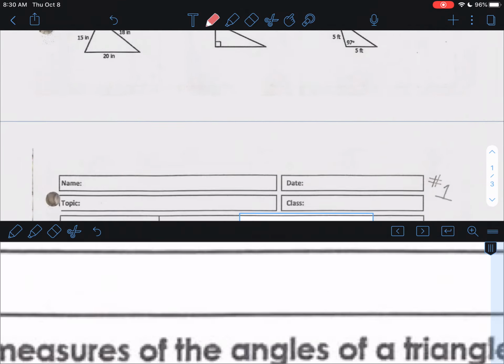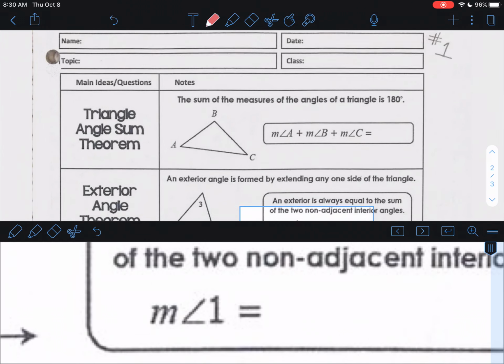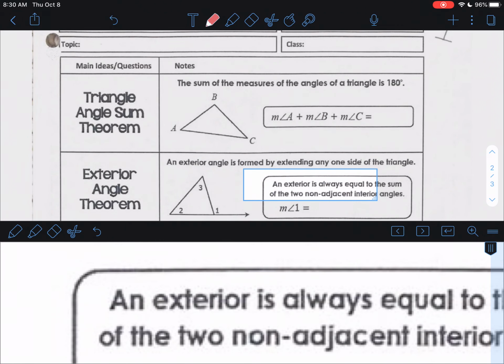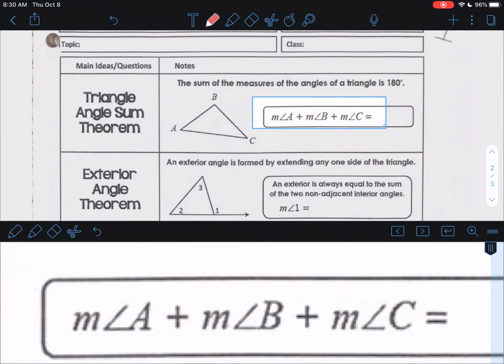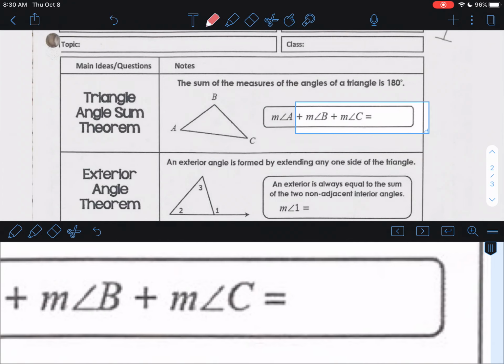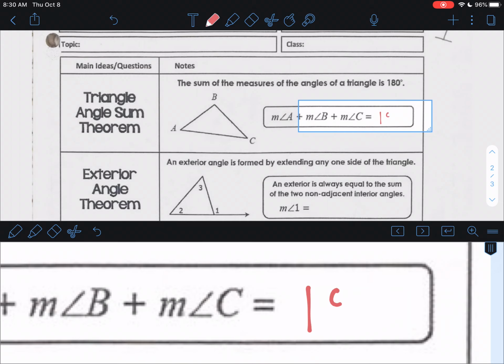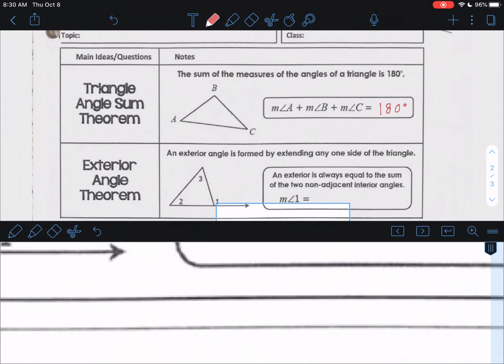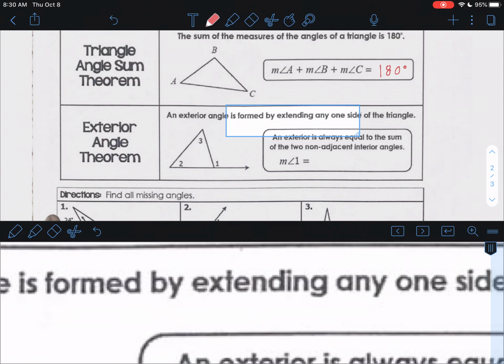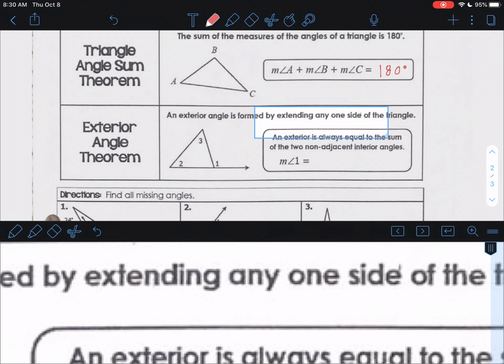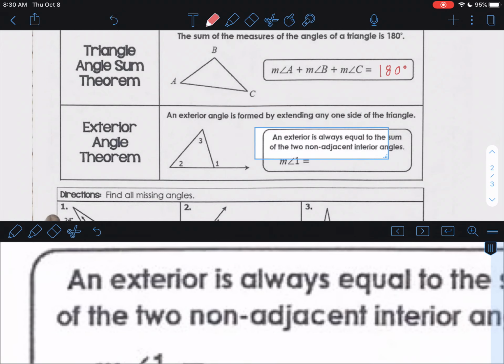And then on the next page, these were actually two separate assignments that I spliced together. The triangle sum theorem says that the measure of angle A plus the measure of angle B plus the measure of angle C equals 180 degrees. And the exterior angle theorem says that an exterior angle is formed by extending one side of the triangle.